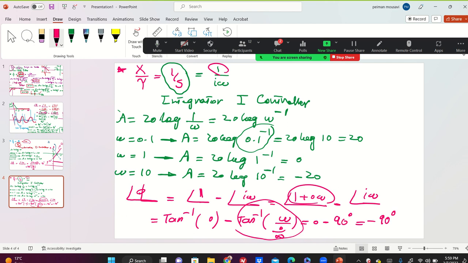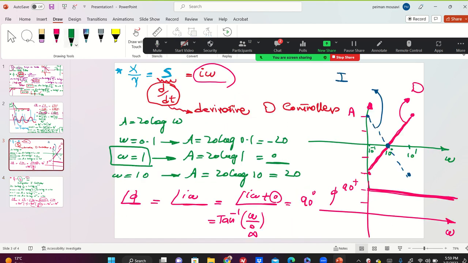Here we go. So let me plot it, and give you time to plot here. Comparing with this, it is going to be minus 90 degrees. This is for the I term, this is for the D term. Understand, everyone? Yes?